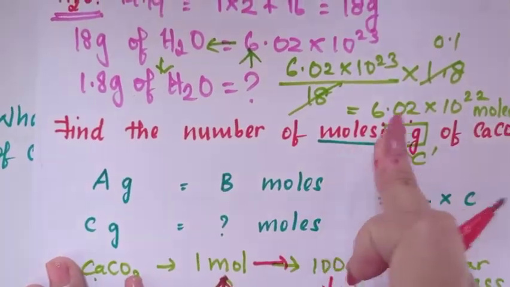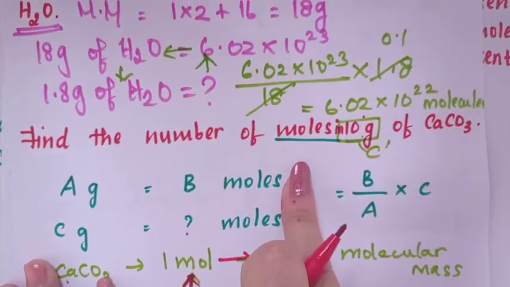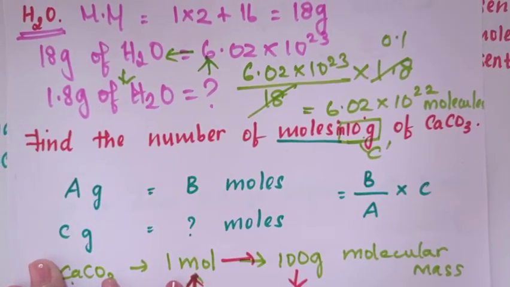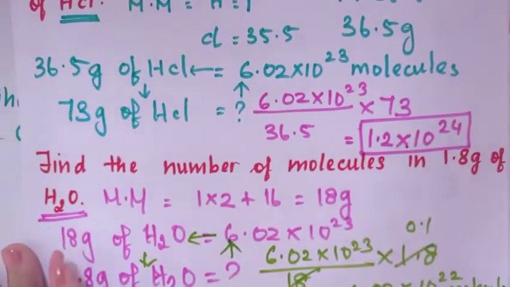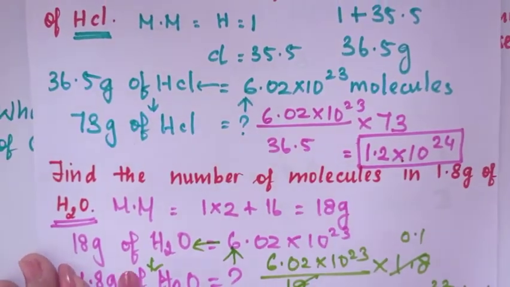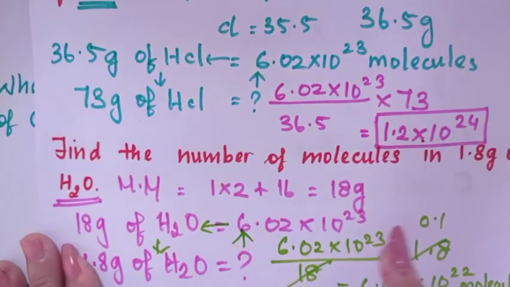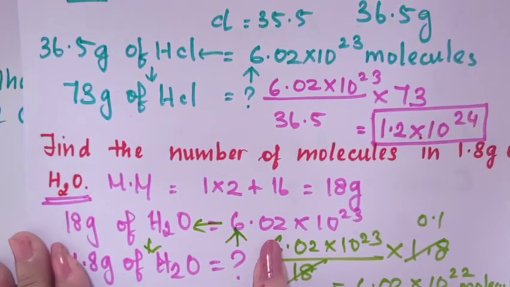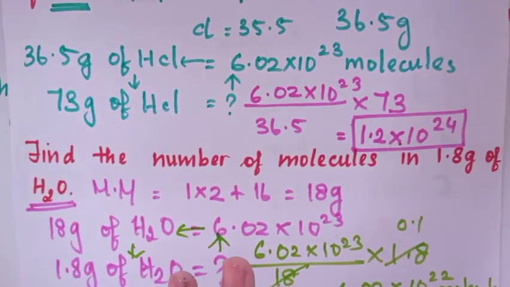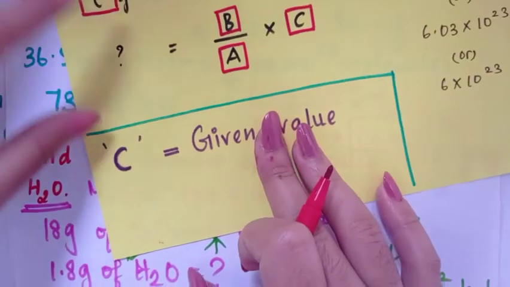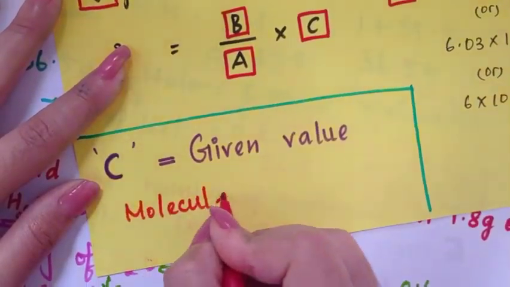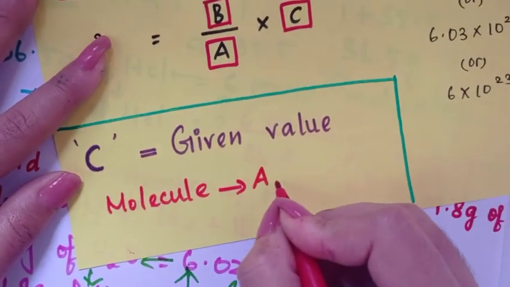If you have to find molecular mass, what do you do? You consider it as 1 mole. If we are finding molecules, what are you doing? You're considering the Avogadro number, that you keep in mind. For molecules, you have to consider the Avogadro number.